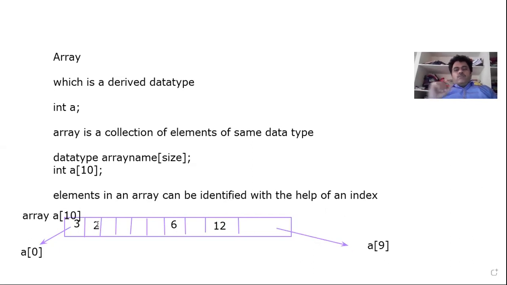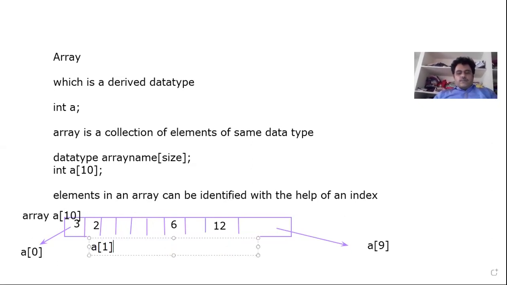The location of the stored value is A of 1. What about 12? A of 8. What about 6? A of 6. See here: 0, 1, 2, 3, 4, 5, 6. This way you can easily identify the location of elements in an array. So this is A of 6, A of 8, A of 9. Now this will become A of 1.